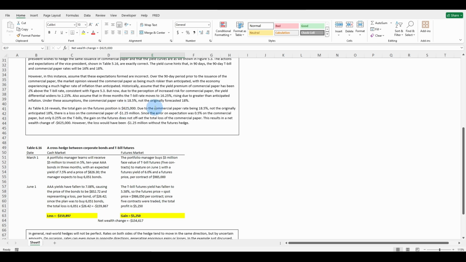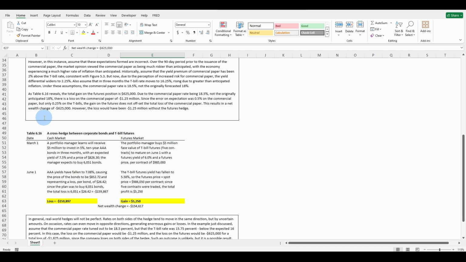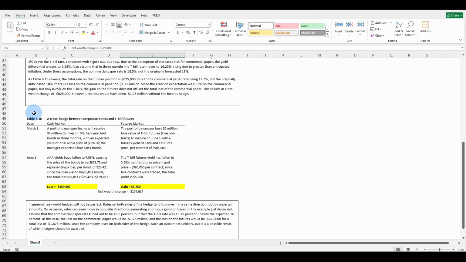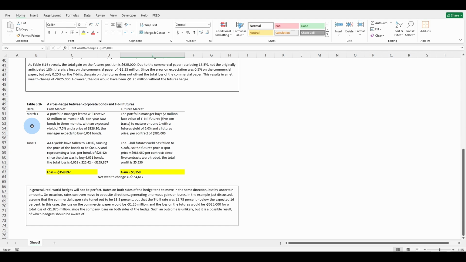Due to the commercial paper rate being 18.5%, not the originally anticipated 18%, there is a loss on the commercial paper of $1.25 million. Since the error in expectation was 0.5% on the commercial paper, but only 0.25% on the T-bills, the gain on the futures does not offset the total loss on the commercial paper. This results in a net wealth change of negative $625,000. However, the loss would have been $1.25 million without the futures hedge.